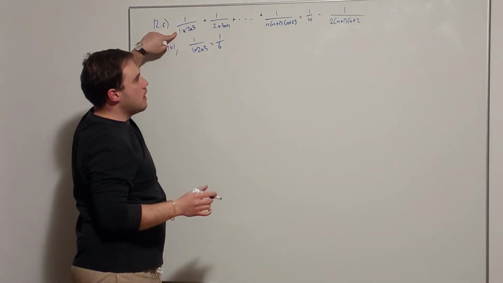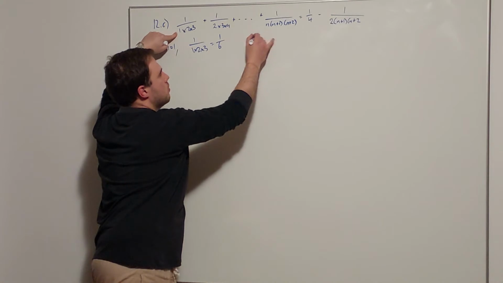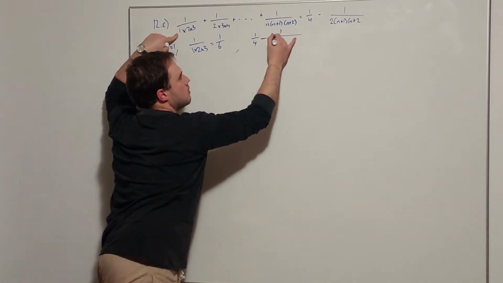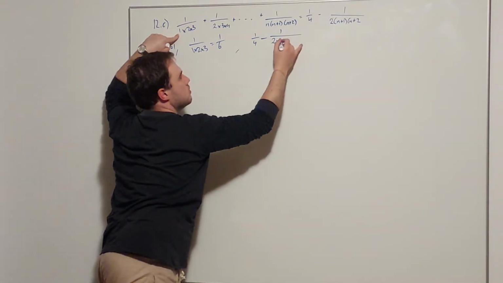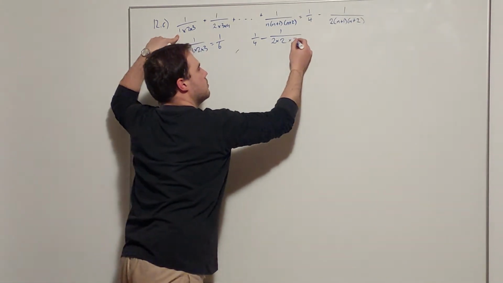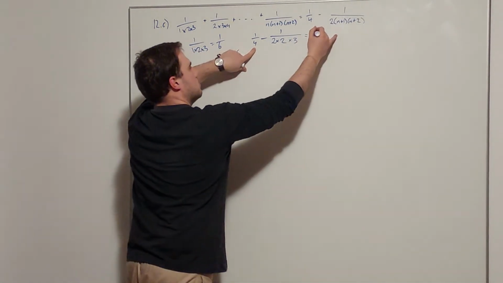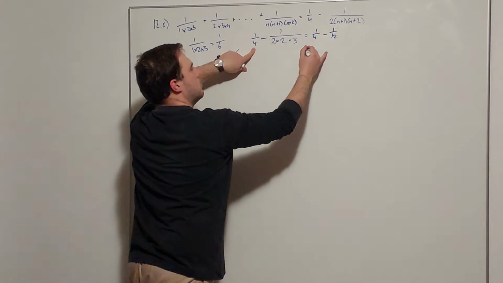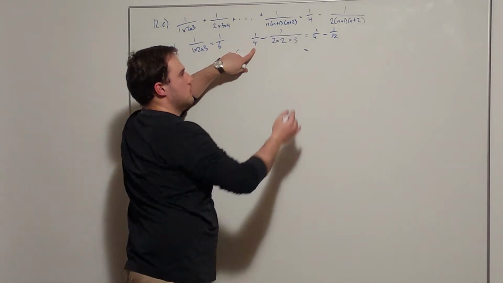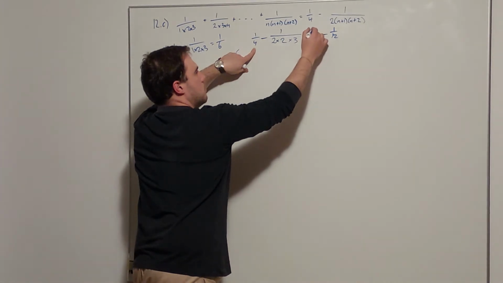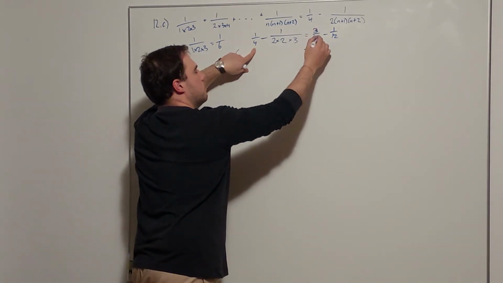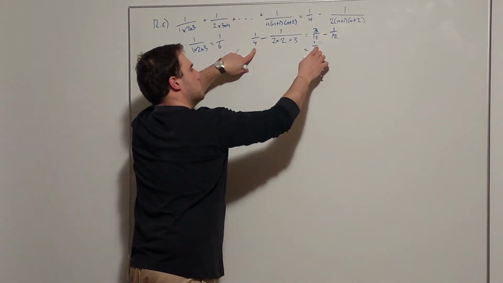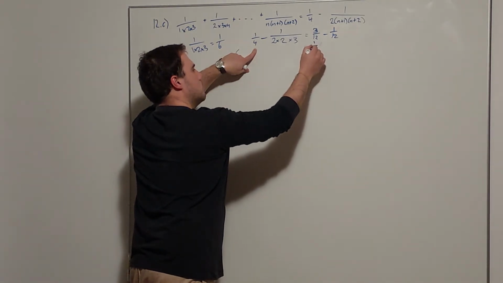Then if we check on the right hand side, we've got a quarter minus 1 on 2 times 2 times 3, which is a quarter minus a 12th, which is 3 on 12 minus 1 on 12, which is 2 on 12, which is 1 on 6.